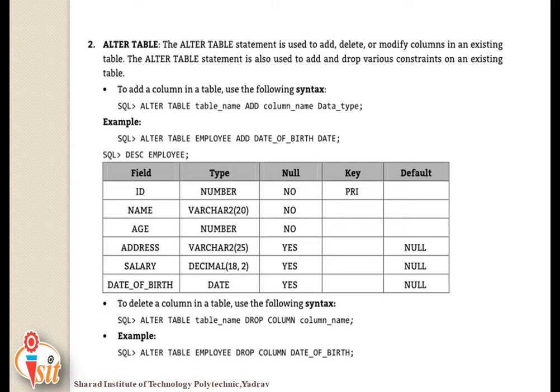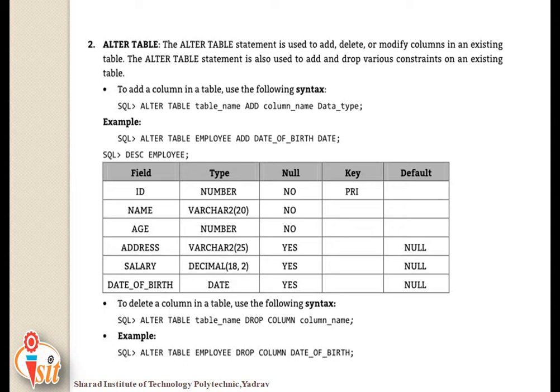An example is given here. SQL alter table, table name is employee, add one column, that is date of birth, and the data type is date. Now put this in table format.